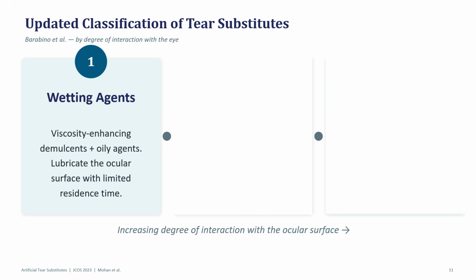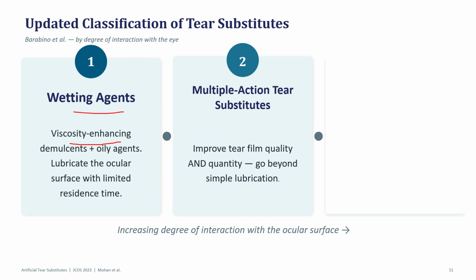Now, if we look at all this and reclassify the tear substitutes, as was done by Barabino et al., they have divided the tear substitutes into wetting agents, which are basically viscosity enhancing demulcents plus oily agents. They lubricate the ocular surface with limited residence time. Then you have multi-action tear substitutes, which improve the tear film quality and quantity and go beyond lubrication.